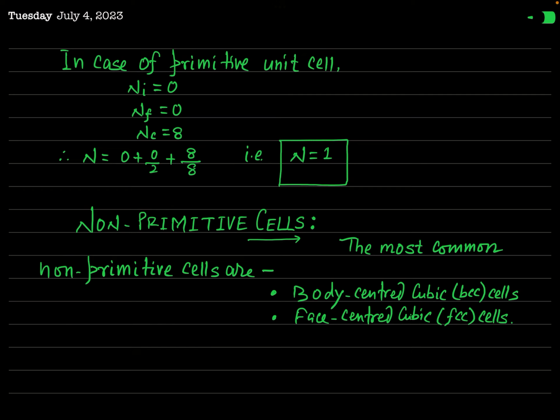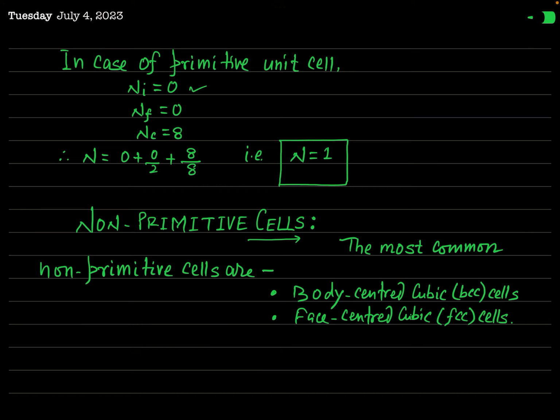But using this formula, this calculation will be much easier. In case of a primitive unit cell, there is no lattice point in the interior of the cell, so Ni will be 0. Only the lattice points are at the corners.